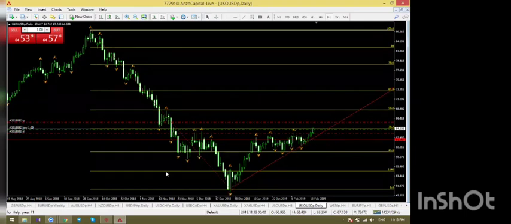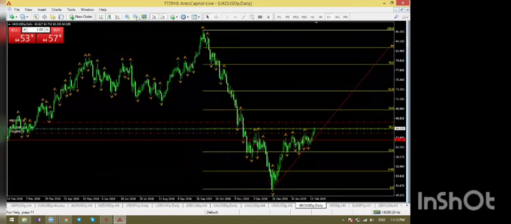So you have a midterm trend line in here. Sometimes when you can't draw your overall trend line in a good way, it means that you have a midterm trend line.